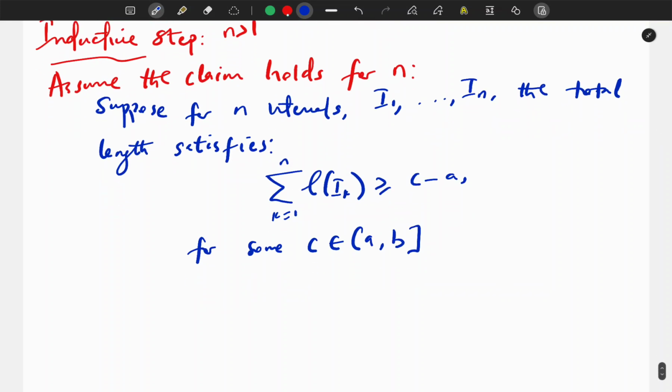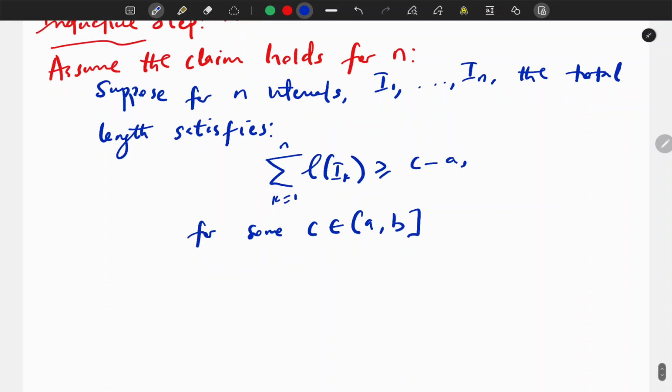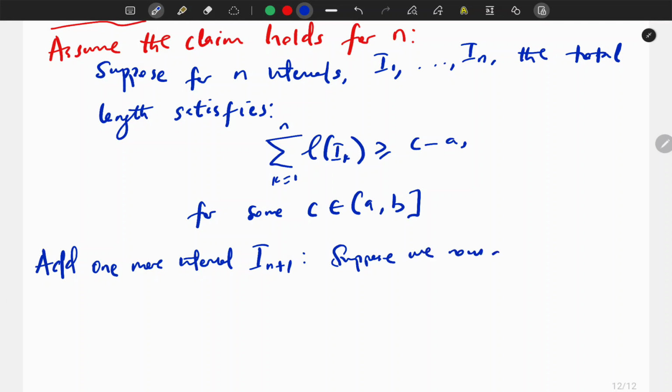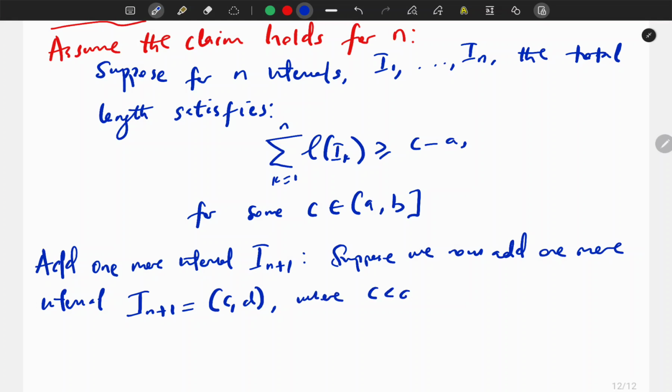Okay, so let's add one more interval, I(n+1). Suppose we now add one more interval, let's call that one I(n+1), which is equal to (c, d), where c is less than b.